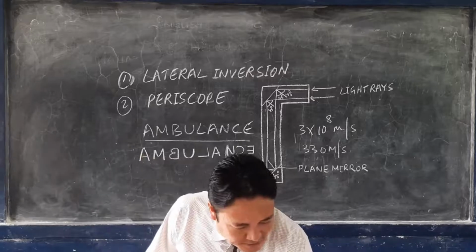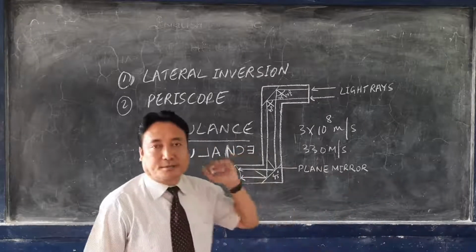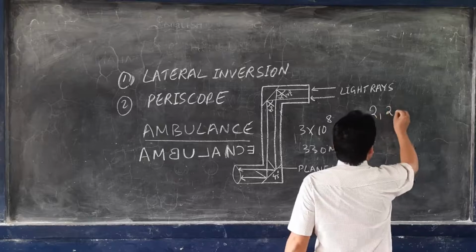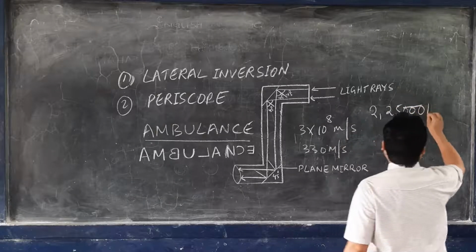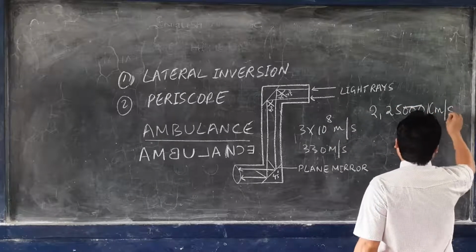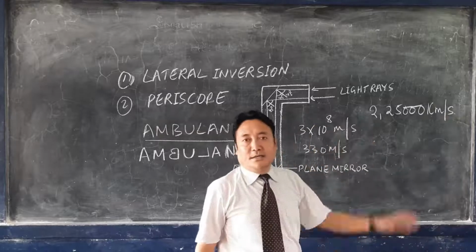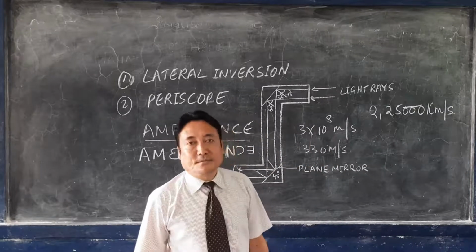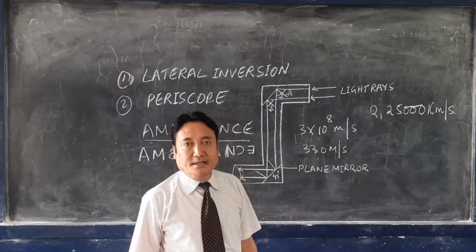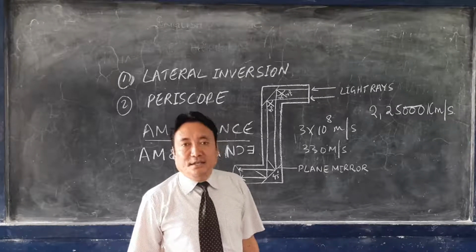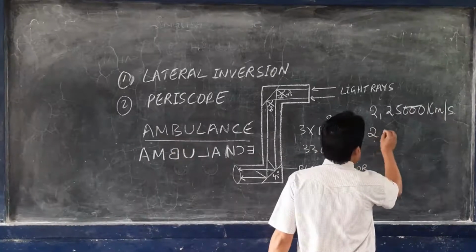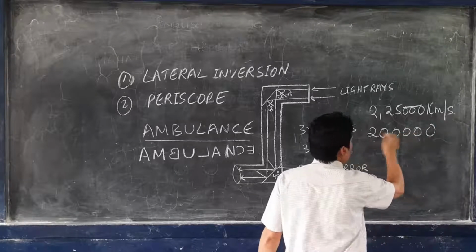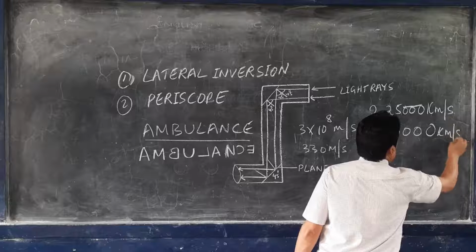The speed of light in water is 2,25,000 kilometers per second, whereas in glass it is 2 lakh kilometers per second.